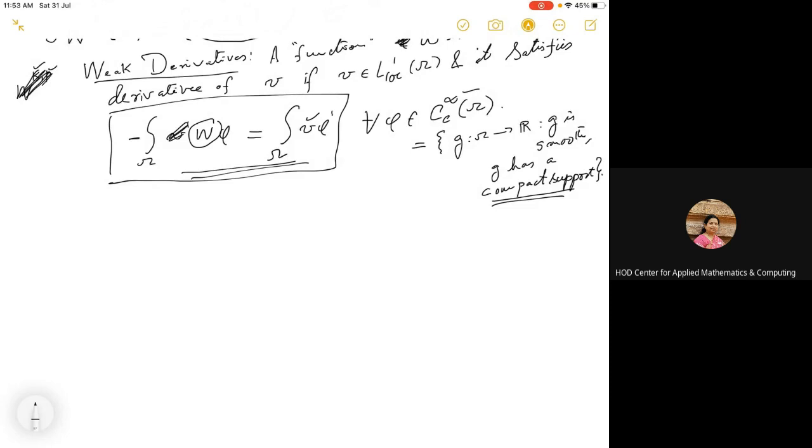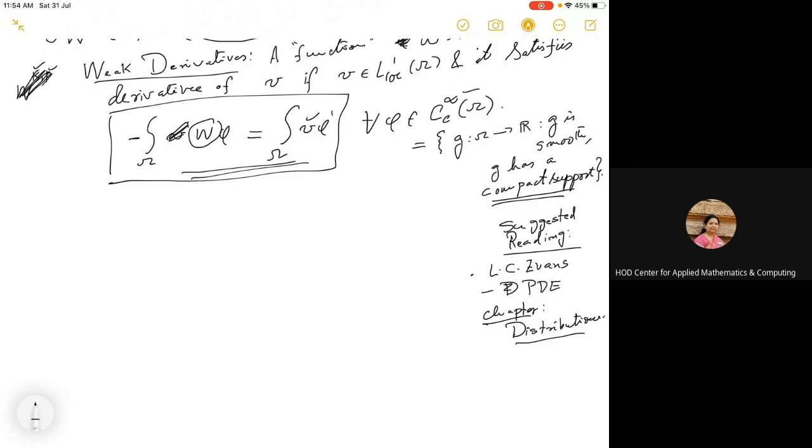A suggested reading for people who are interested can be a book by L.C. Evans, especially the chapter on distributions.